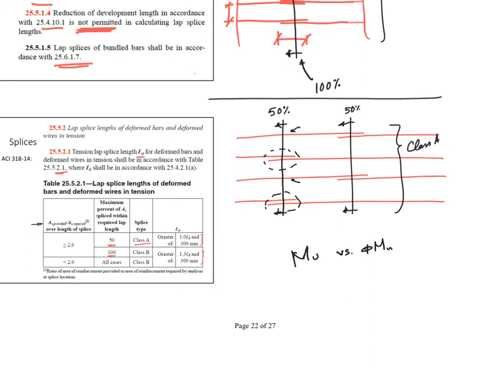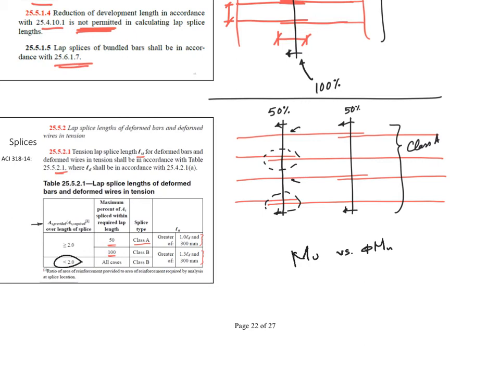Now, if I'm splicing at the maximum moment, that's a really poor location for splicing, because this is the place where you really use all your AS required. So this ratio will be about 1, so you're always a Class B, right?